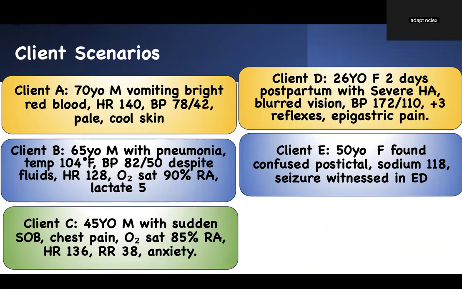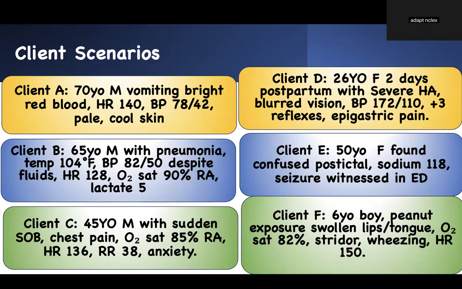Like I told you, they can be terrible, they can be disturbing, but that's the case they will give you. A six-year-old boy, peanut exposure, swollen lip and tongue, oxygen saturation 82 with stridor, wheezing, and a heart rate of 150.